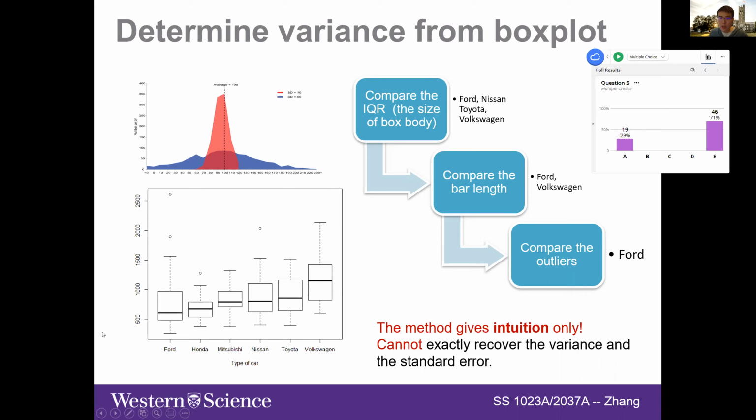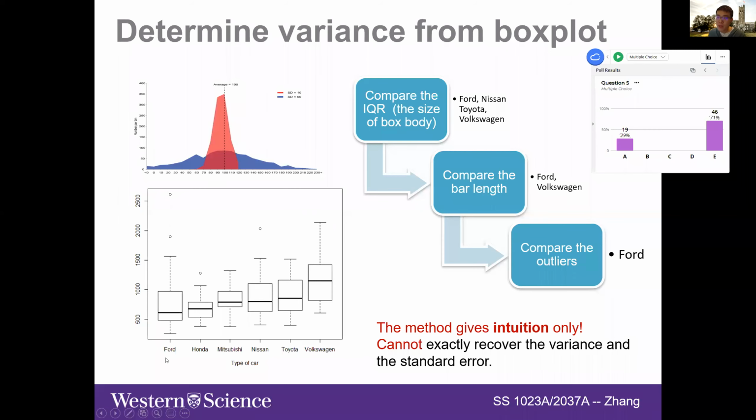So without the outliers in Ford, the question is, say, if we don't have these two dots, how would we compare the standard error between the Ford and the Volkswagen? Okay, for this question, I actually won't require you, but that's a very interesting question.